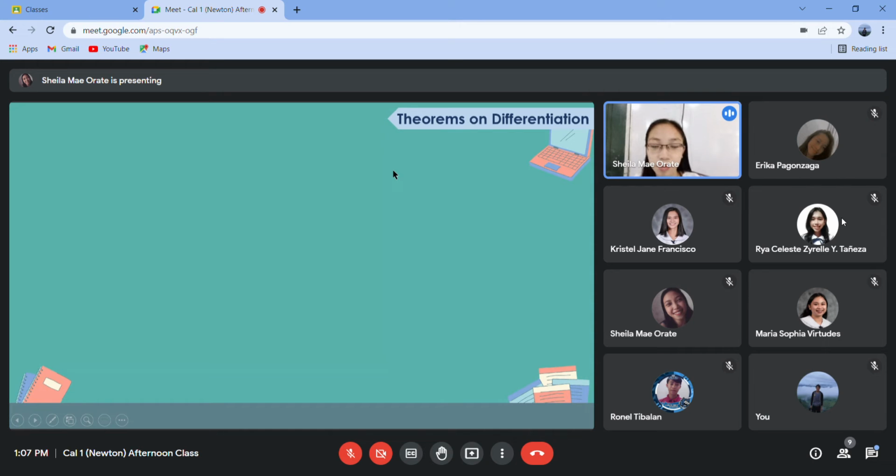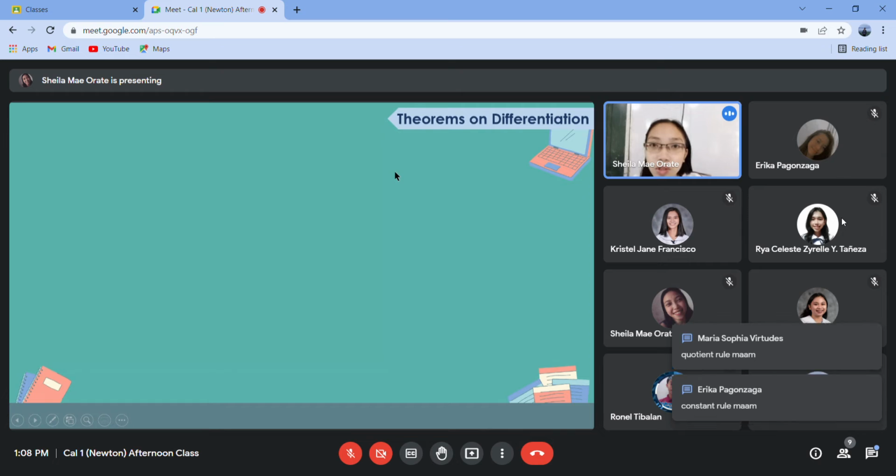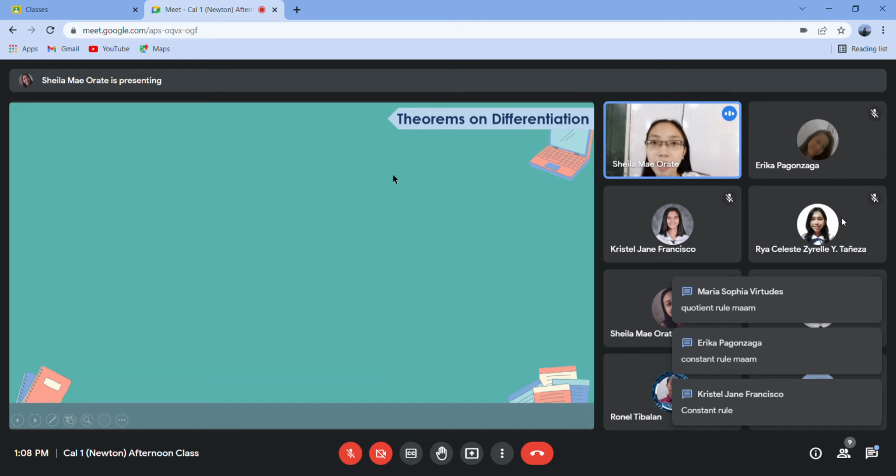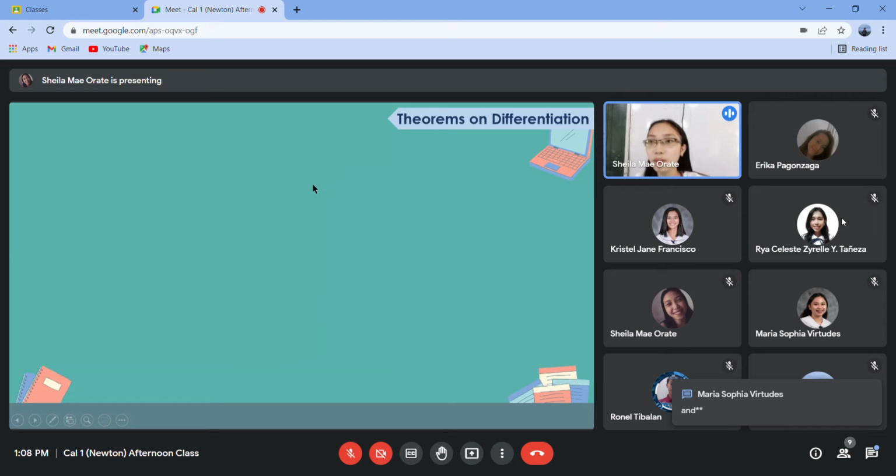What else? Quotient, constant rule, okay. Sum and difference. Okay, so you can still apply those rules from earlier. Constant multiple rule, okay. Yes, ma'am. Okay, very good.